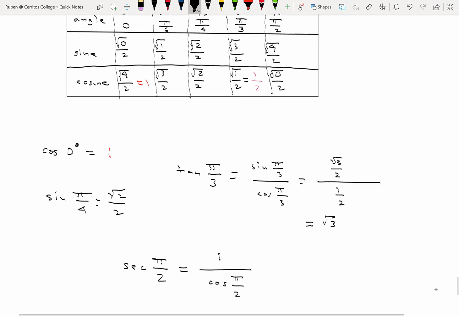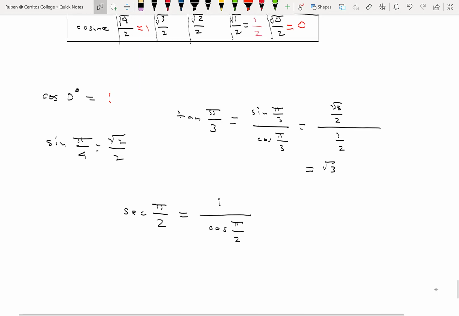And from the chart above, the cosine of pi over 2 is radical 0 over 2. Reality check, the square root of 0 is 0. So the cosine of pi over 2 is 0, and 1 over 0 is undefined. So we get something strange.